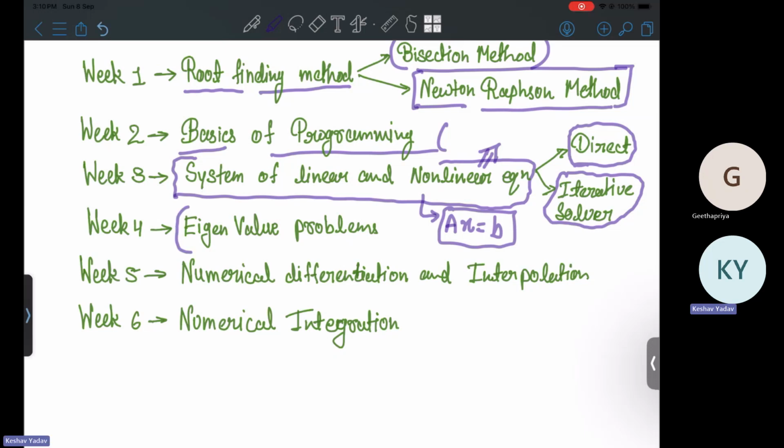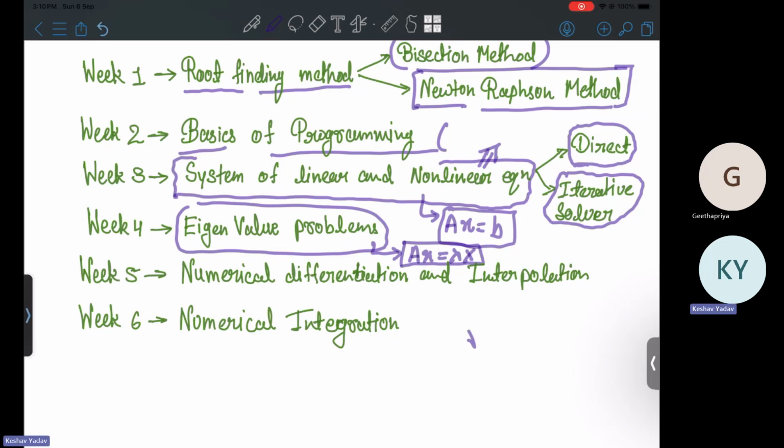After that we saw the eigenvalue problem, meaning AX equal to lambda X type of problems. There we saw the power method to find the highest eigenvalue, the lambda max in modulus, and its corresponding eigenvector.